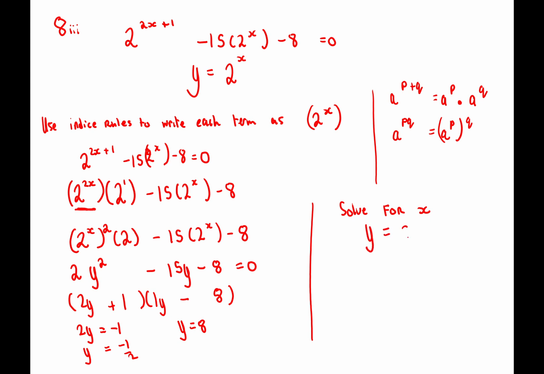So if y is equal to 2 to the power of x, 8 is equal to 2 to the power of x. We want to solve for x. To do this, you must write both terms with a common base. So 8 is the same as 2 to the power of 3. Once your bases are the same, you can equate your exponents to solve.